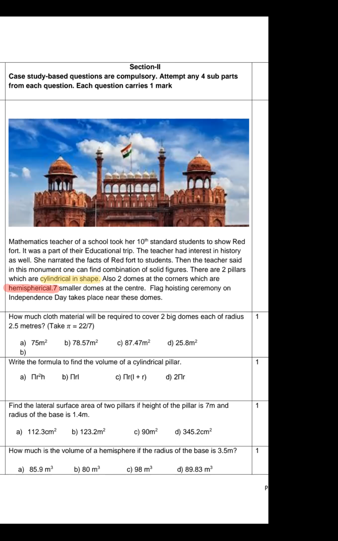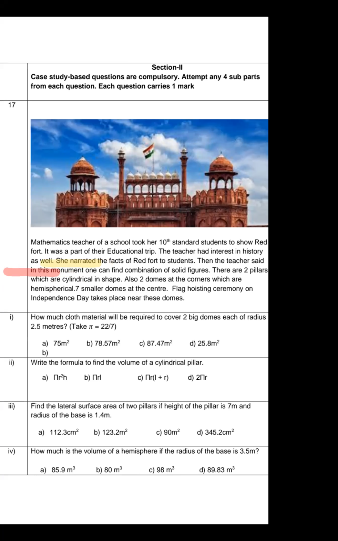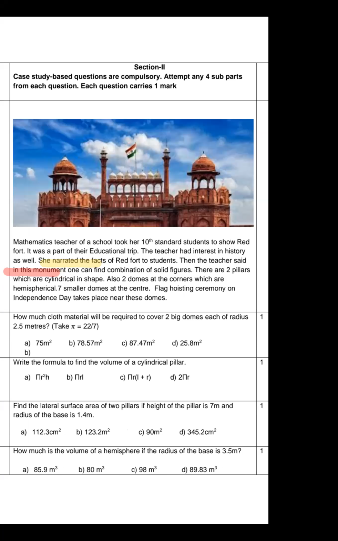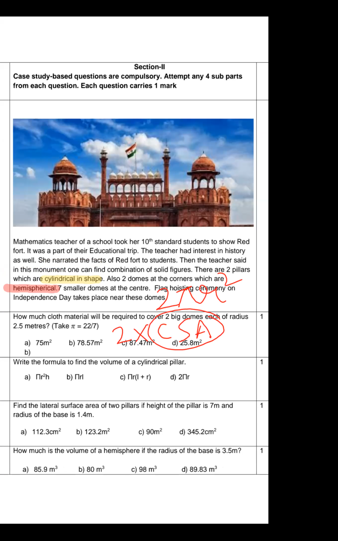CSA, 2 into CSA. And what is CSA of hemisphere? 2 pi r square. Can we simply calculate and get the work done? Yes, ma'am.